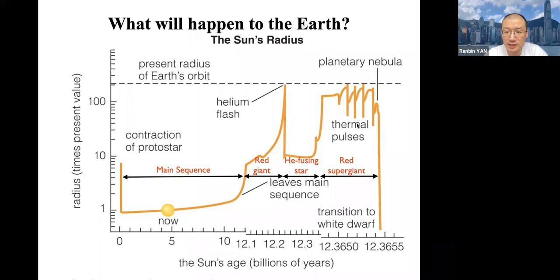We call it thermally pulsating star, thermal pulses, just because the energy production in the center is so high and the outer layers are so thin that the energy transfer rate and the energy production rate are not regulated so well, so that the star can pulse, expand and shrink in multiple stages. And this is also the time when it is shedding most of its mass and forms a planetary nebula, and when the outer layers get ejected away, the star will become much, much smaller than before, and so transitioning to a white dwarf.